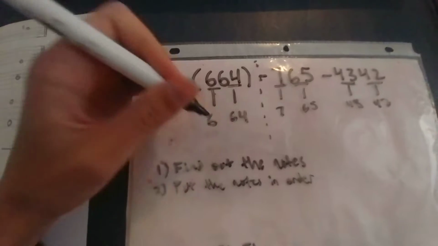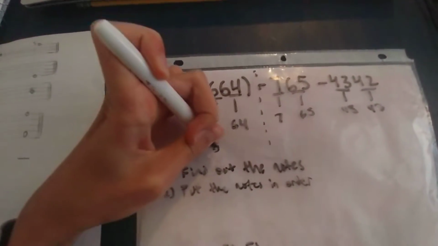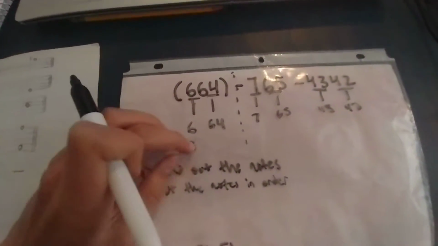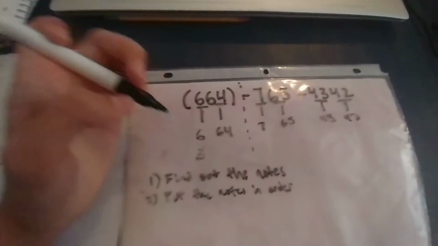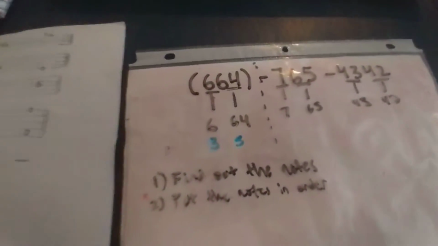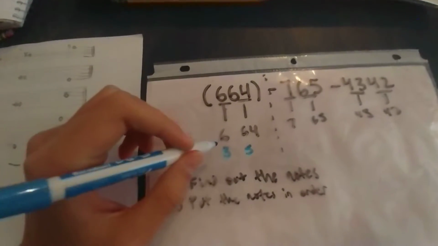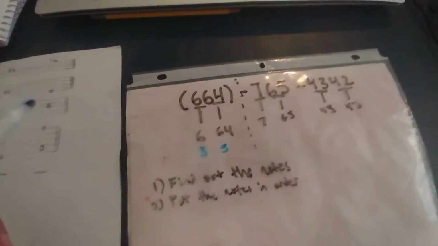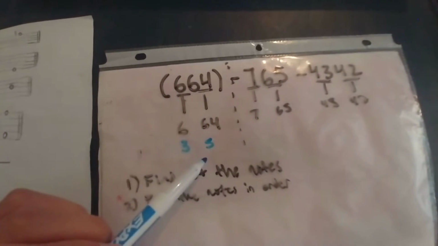Now up here, you will use this one if the 3rd is first, and you'll use this one if the 5th is first. It will be a 6 if the 3rd is first.